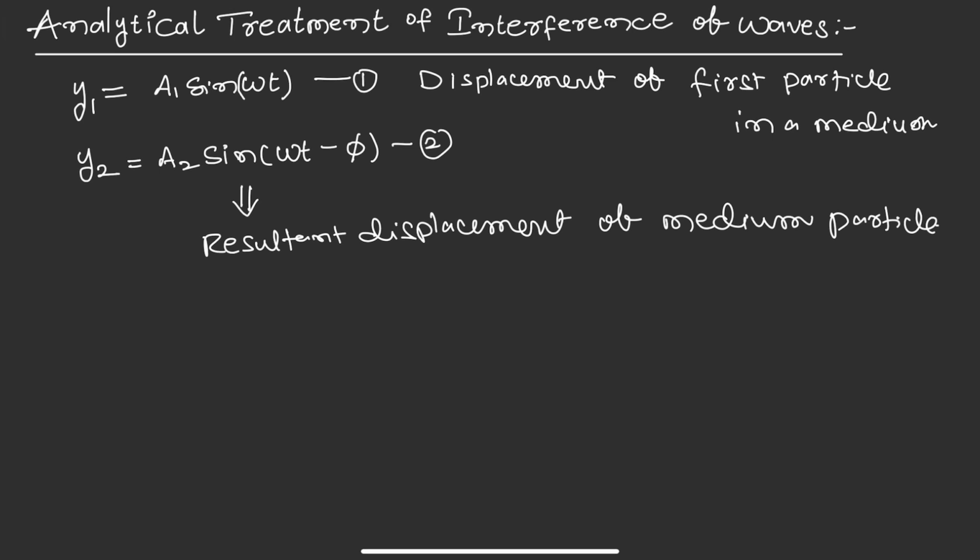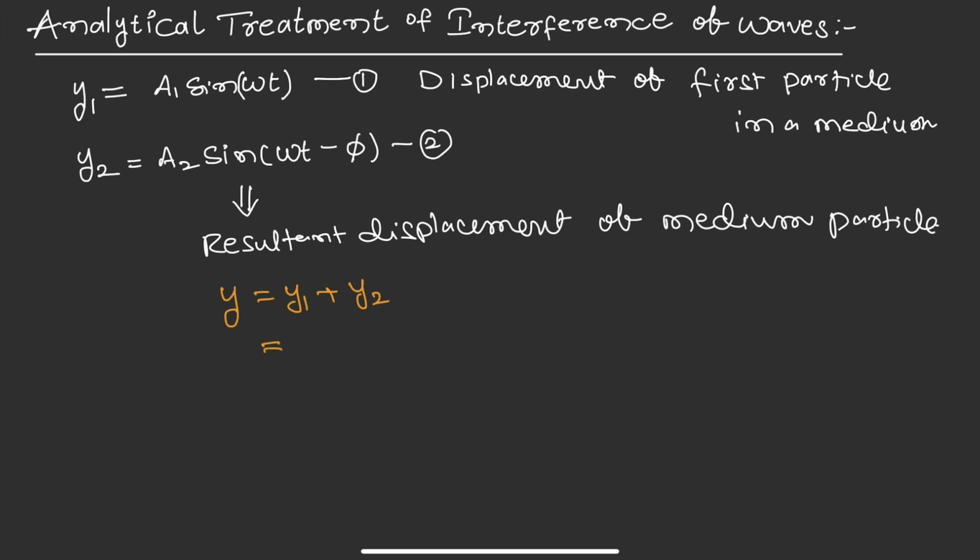Both are traveling in the same way, but if they have an initial constant phase, y is equal to y1 plus y2. Actually we need to write y1 bar plus y2 bar, but both are in the same direction, so we need not write it vectorially; directly y is equal to y1 plus y2.